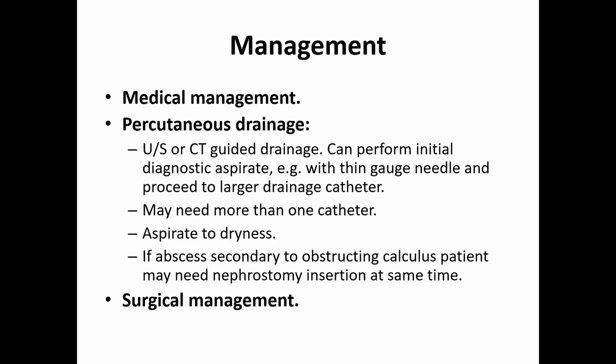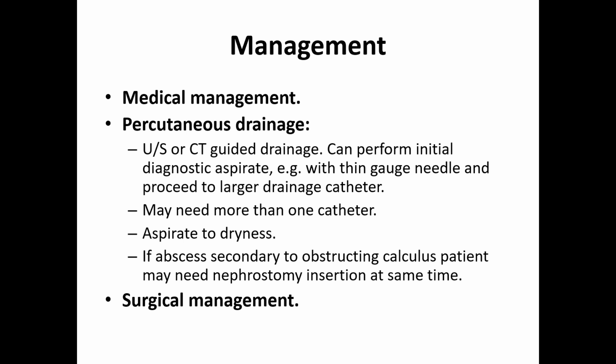Medical management: you give antibiotics, especially broad-spectrum antibiotics, and then you start percutaneous drainage under either CT-guided or ultrasound-guided drainage, and then you put a nephrostomy to secure drainage until the cavity shrinks. It may sometimes need more than one catheter.